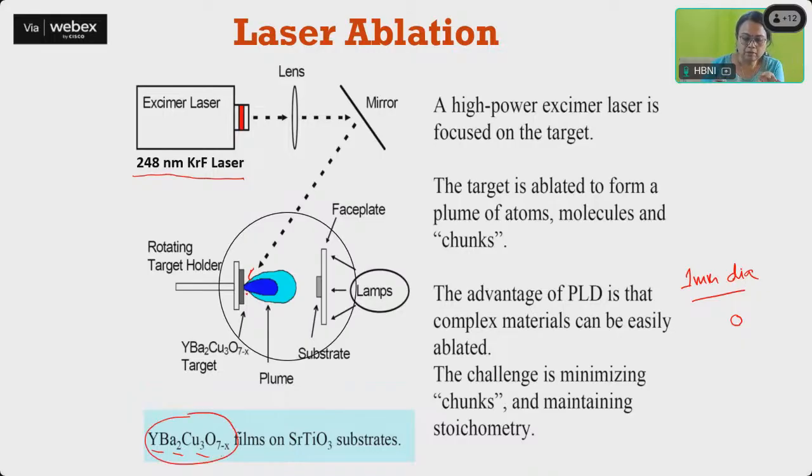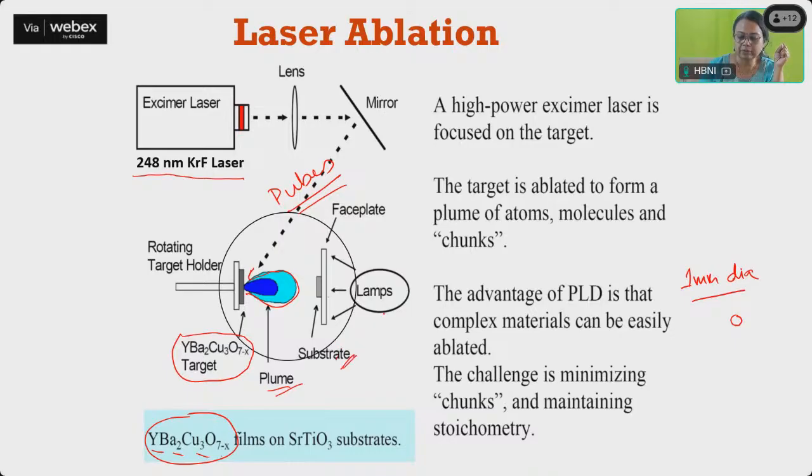When this laser pulse falls, and this is a pulse laser, so very high energy pulses are falling, the whole molecules get ejected from the surface of the target, and this kind of plasma is formed. This is called the plume, and the stoichiometry of the target molecule is preserved, and then it comes and falls on the substrate.